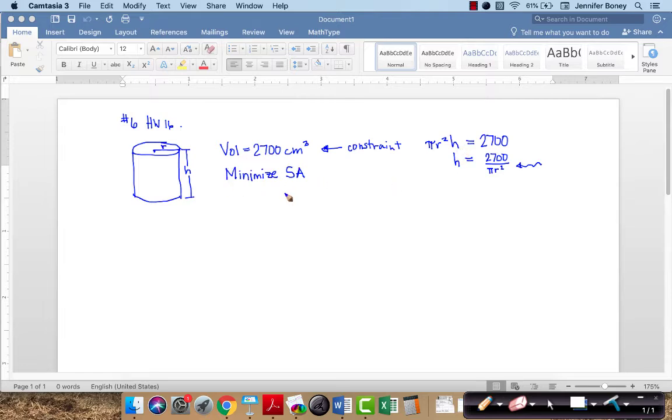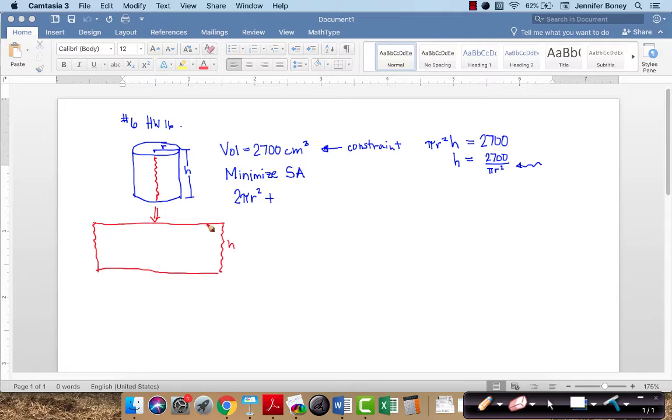Or that the surface area, well, the surface area would be the area of the two circles that form the top and the bottom. So 2 pi r squared, two circle areas with radius r, plus the lateral surface area. And lateral surface area, like where the soup can label would go, or tuna can label, doesn't really matter what shape you imagine this to be. If I were to cut it and then lay it out, take it off the can, it would be a long rectangle whose height matches the height of the can.